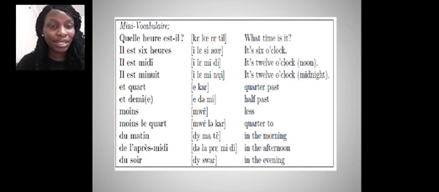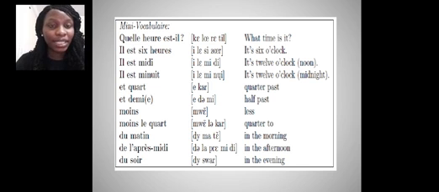And in the third column, we have what time is it? Next, il est six heures. It is 6 o'clock.